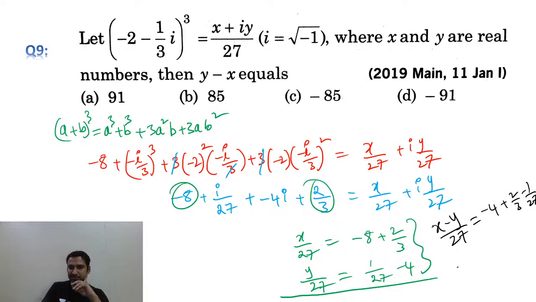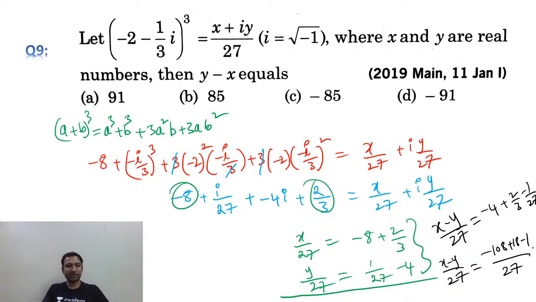So let's simplify this. (x - y)/27 is equal to, let's take LCM as 27, guys. If you take LCM as 27, this is -108 we are getting, plus 18, minus 1. Correct now? What is the answer we're getting? Are we getting the first option?